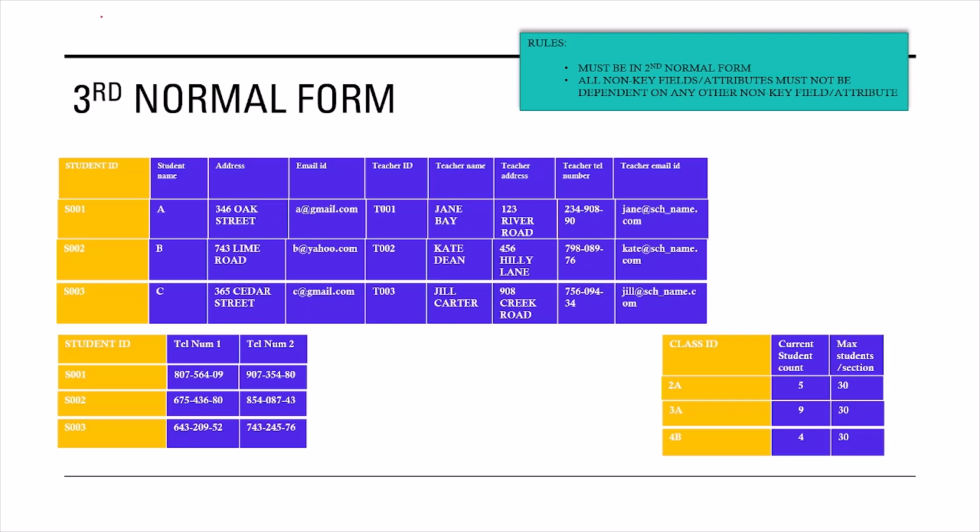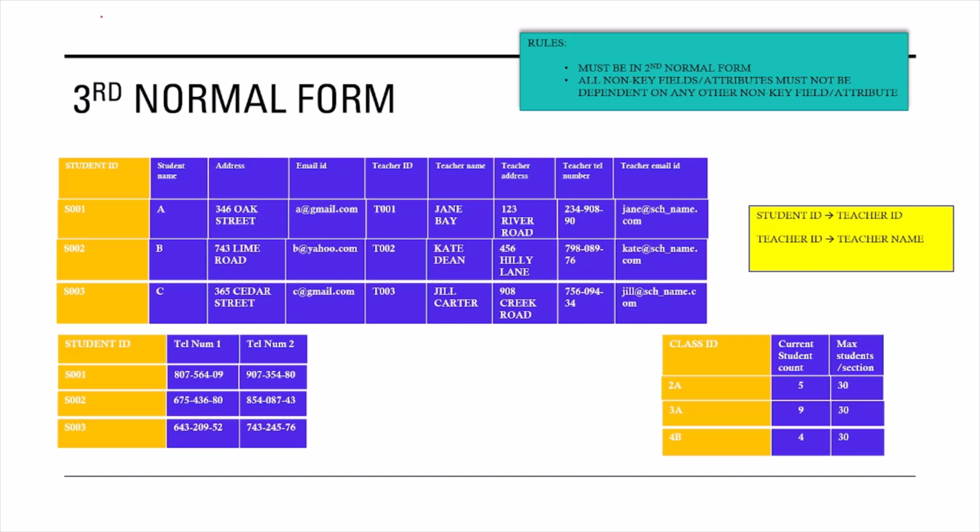Looking at the student table and looking at the teacher details now, we can say student ID determines teacher ID, right? Or teacher ID is dependent on student ID. Teacher name is dependent on teacher ID, right?